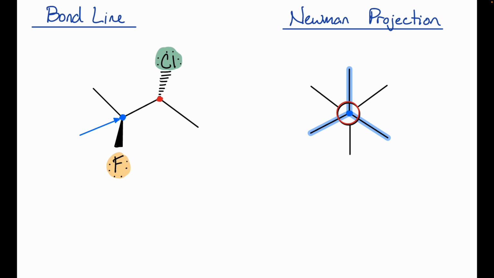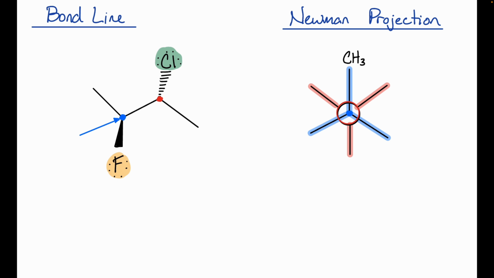So these are the bonds coming off of that back carbon. On that front carbon, I have my methyl group up here, so that's pointed up. I have my fluorine pointed out of the page.